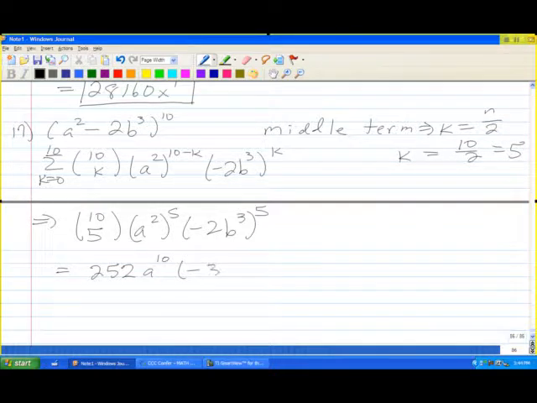Negative 2 cubed is negative 32. B cubed to the 5 is b to the 15. And so negative 32 times 252 is negative 8,064, a to the 10, b to the 15.